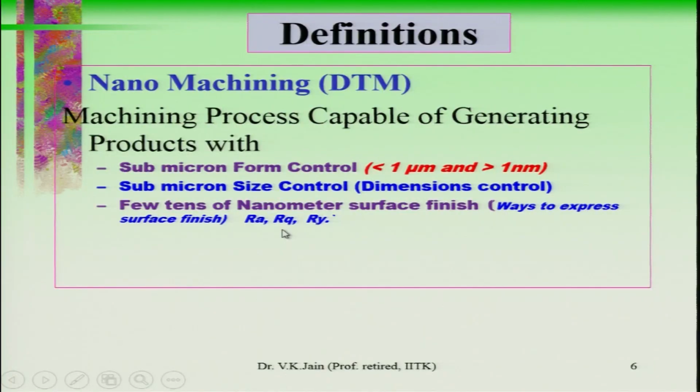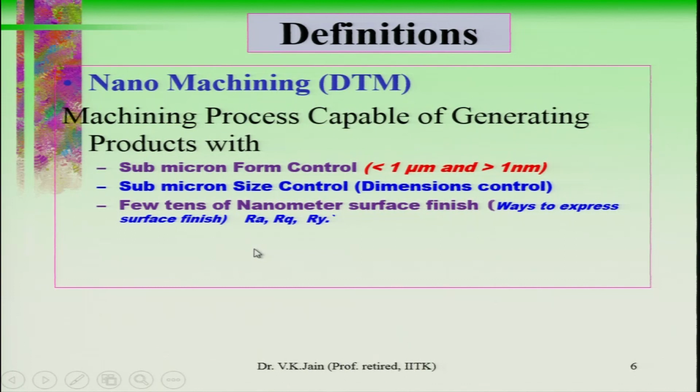There are various ways of expressing the surface finish. You can use one of them, like Ra, Rq, Ry, and you will find different researchers and scientists using different ways of expressing it. Some countries use Ra while other countries may be using Rq and Ry.